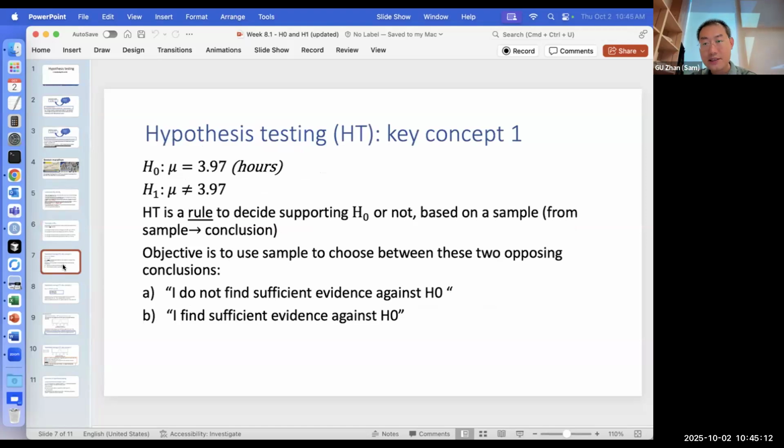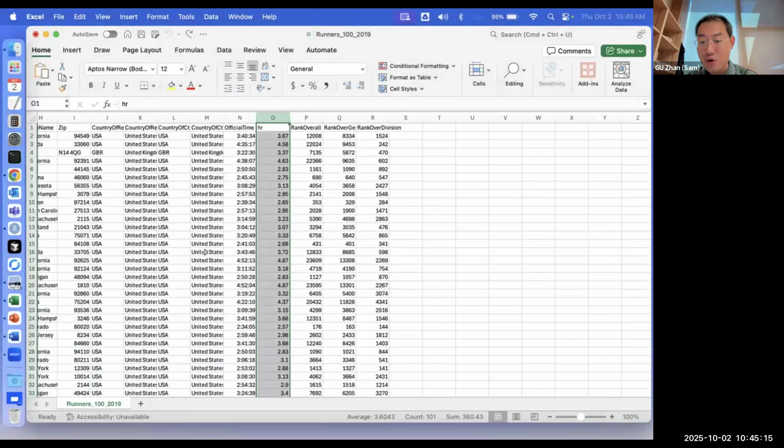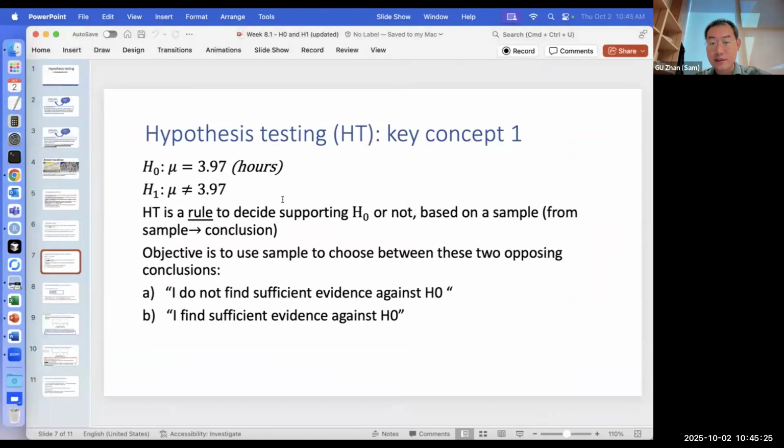One of the samples that we saw earlier is the sample of 100 athletes in 2019. Using this sample, we want to find whether we have sufficient evidence to reject the null hypothesis, meaning the true mean is not equal to 3.97, or whether we do not have sufficient evidence to reject it.